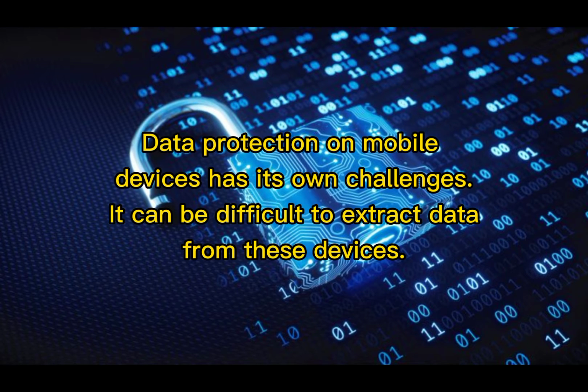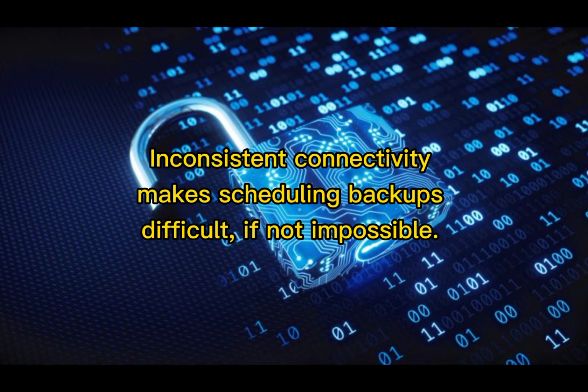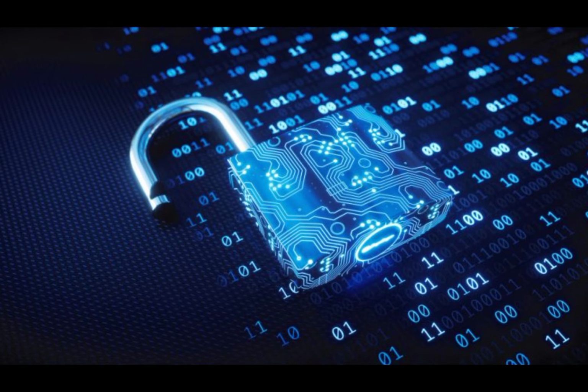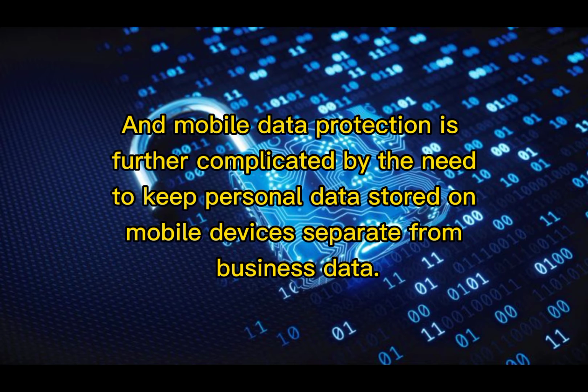Mobile data protection. Data protection on mobile devices has its own challenges. It can be difficult to extract data from these devices. Inconsistent connectivity makes scheduling backups difficult, if not impossible. And mobile data protection is further complicated by the need to keep personal data stored on a mobile device separate from the business data.